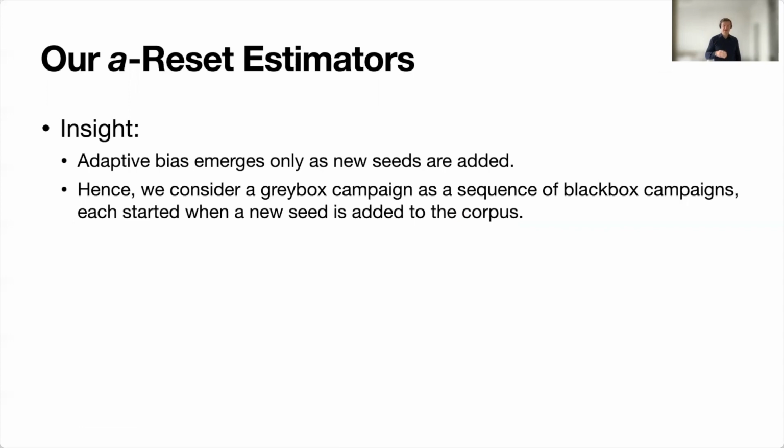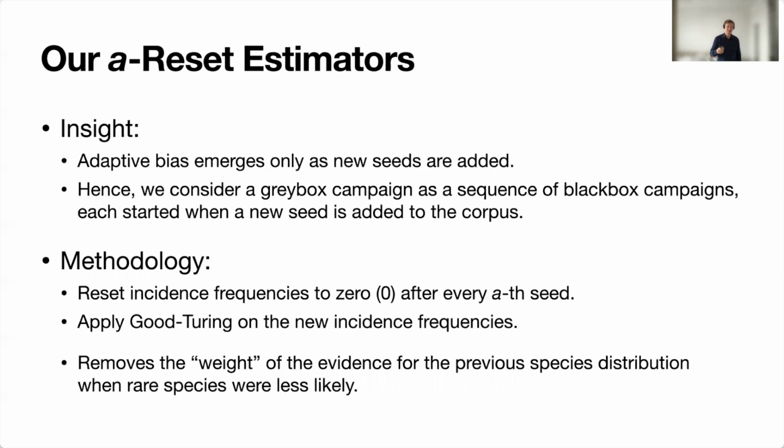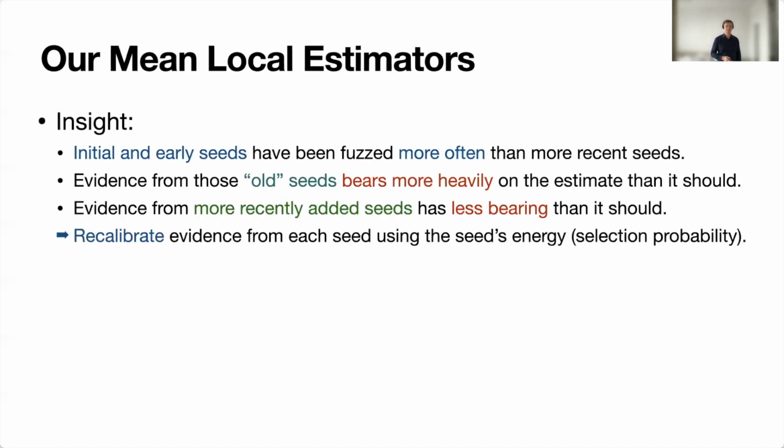So we can consider a greybox campaign essentially as a sequence of black box campaigns, each of which is started when a new seed is added to the corpus. So reset estimators simply reset the frequency counts based on which Good-Turing is computed after the addition of the a-th seed. And then we simply apply the same Good-Turing estimator. What we do is essentially remove the weight of the old evidence from our estimate of the species distribution.